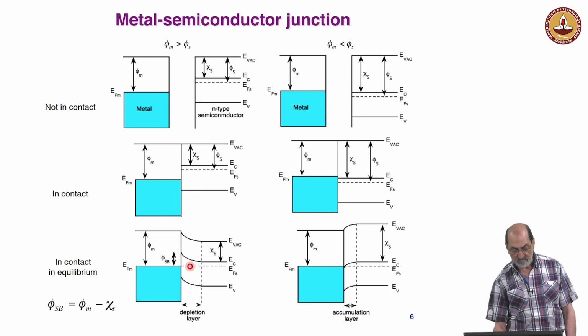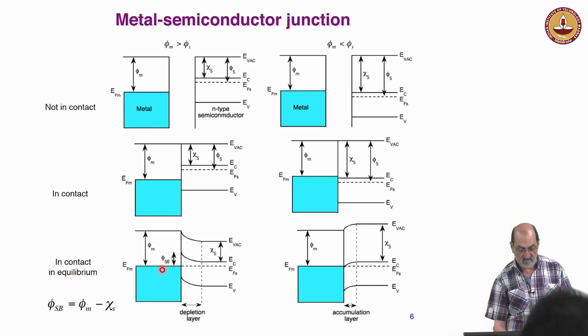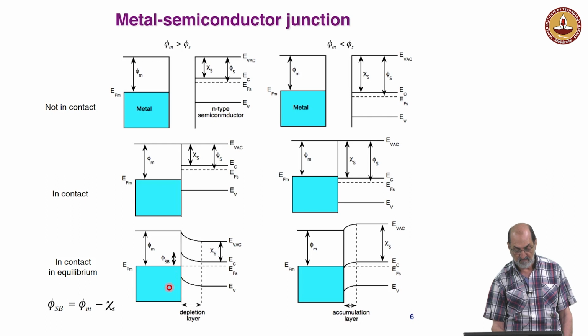At that point, some region close to the surface of the semiconductor has gone to the metal, or at least to this interface. So close to the interface between the metal and the semiconductor, there is a region which is called the depletion region, because there are no electrons there.